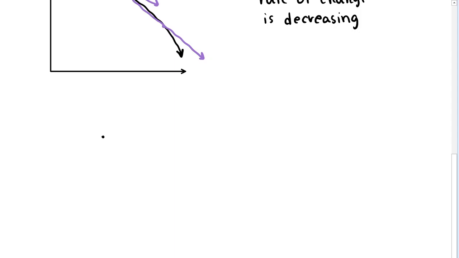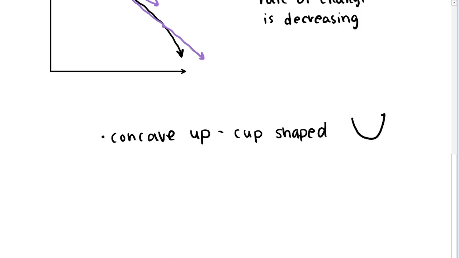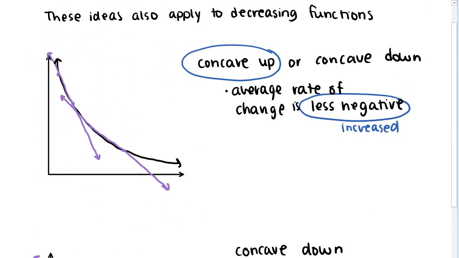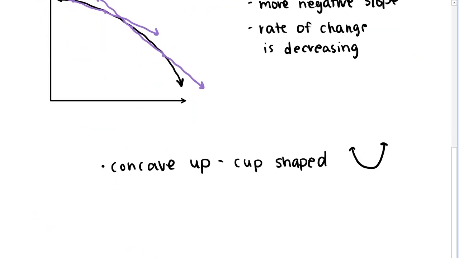So often when a graph is concave up, it looks sort of cup-shaped, right? It sort of bowls upwards. If we look at this function that we called concave up, you can see that it opens upwards a little bit. Whereas a concave down function, I've seen this described as hat-shaped.